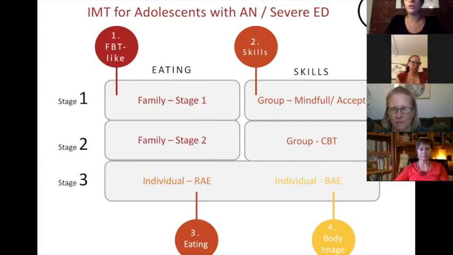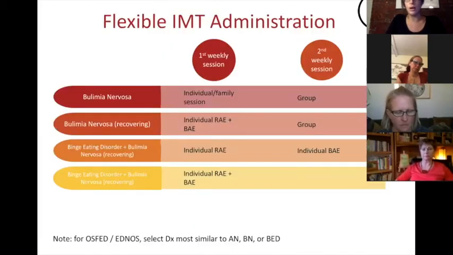So you're still going to want to implement family stage 1 with the group material, but not every handout is going to be relevant for carers, and not every handout in the group material is going to be relevant, and so on and so forth throughout. So although you want to do comprehensive IMT for anorexia nervosa, there are different ways to use IMT for the other disorders.